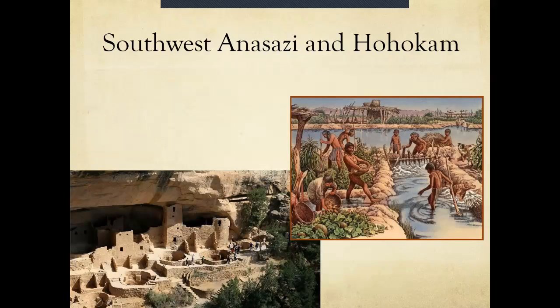In the desert Southwest, you would think that this would be an area that would be really difficult for agriculture to thrive, but these were sophisticated groups of people who began to use ideas of technology and irrigation to solve a problem. So geographically, they have a problem with very, very little rainfall, less than we would have seen in the Mississippi River Valley or the Great Plains.